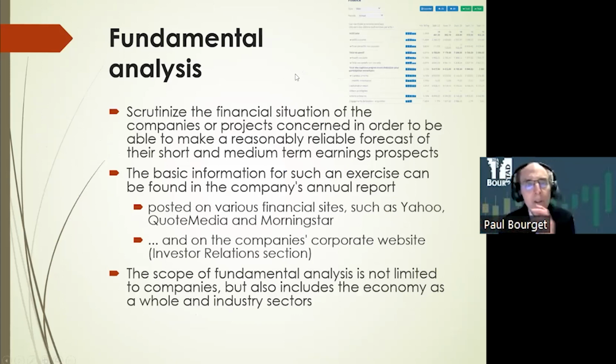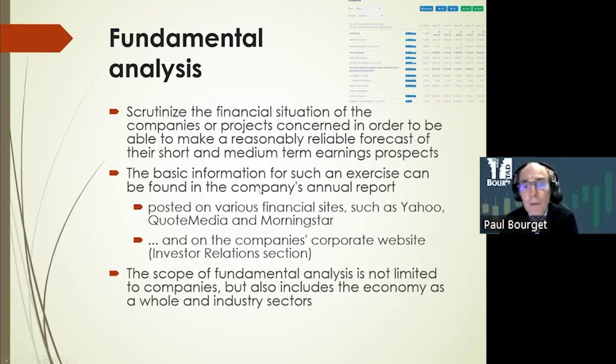Okay, another type of strategy would be applying fundamental analysis. Fundamental analysis scrutinizes the financial situation of companies or projects concerned in order to be able to make a reasonably reliable forecast of their short and medium-term earnings prospects.